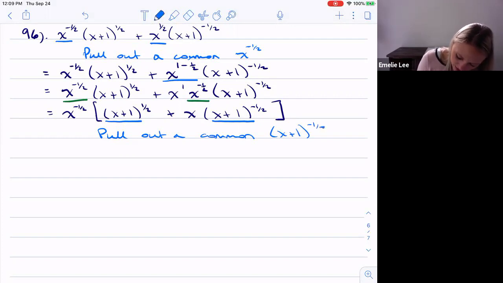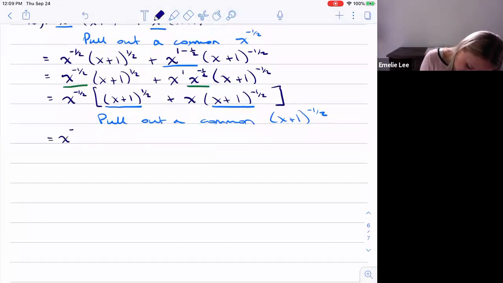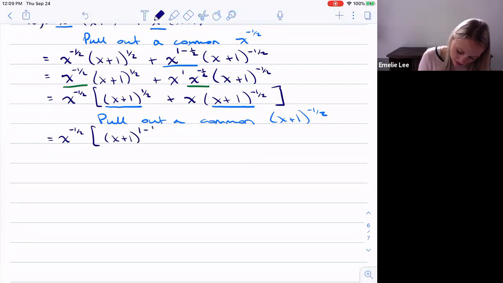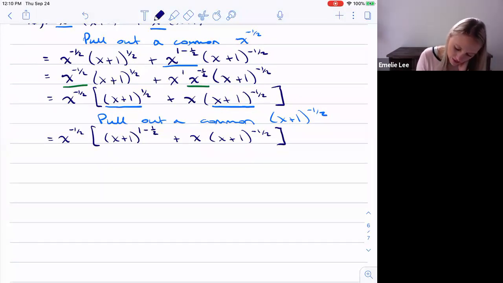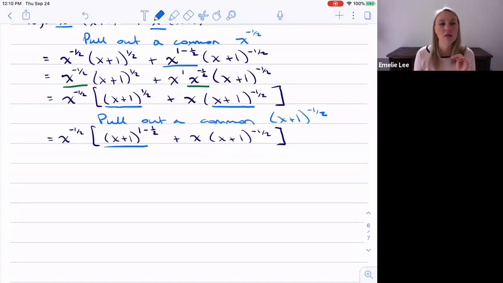And I'm going to use the exact same trick that I just used. So I'm going to rewrite this as x to the negative 1/2 times x plus 1 to the power of 1 minus 1/2, for now, plus x times x plus 1 to the negative 1/2. That's not changing. I'll underline the one that's changing right now.